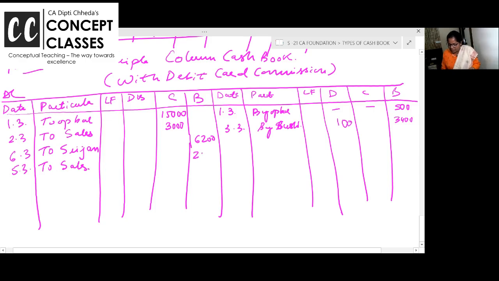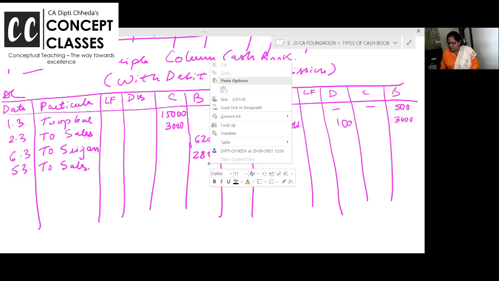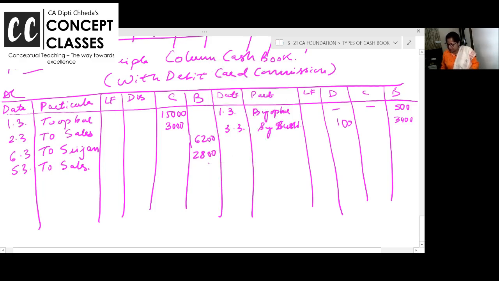So money will go directly in the bank. I want to repeat, there is a sale through bank, 2,800, and then Srijan gave us a check of 6,200.